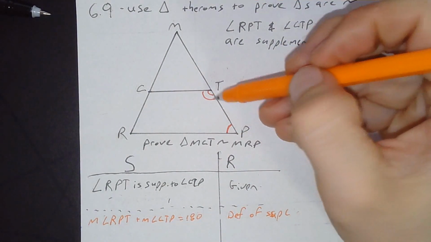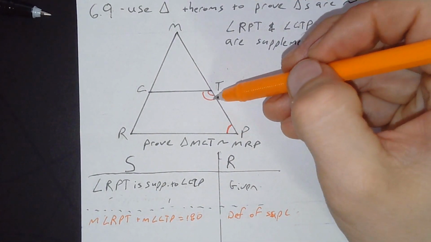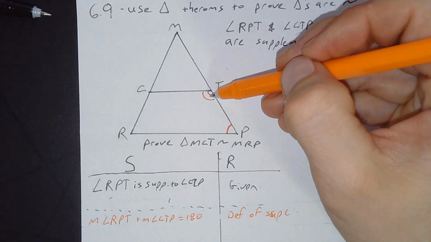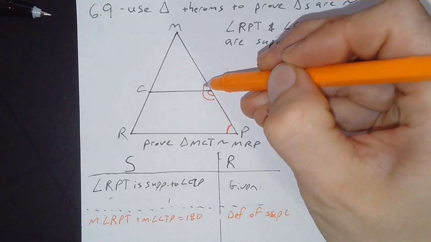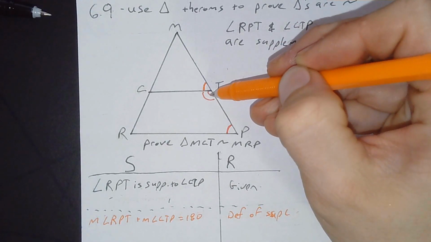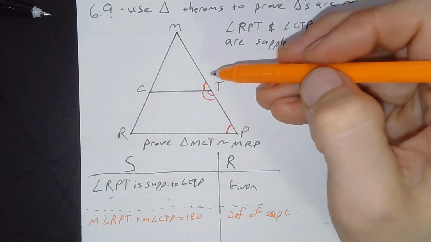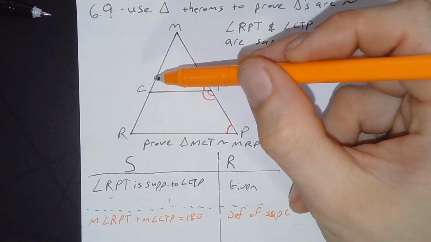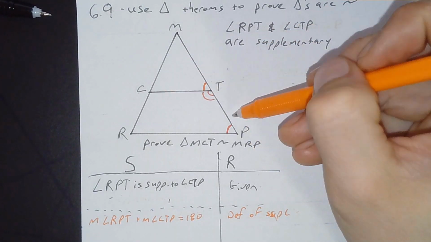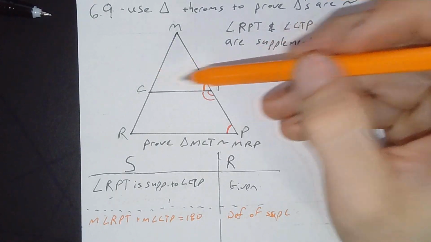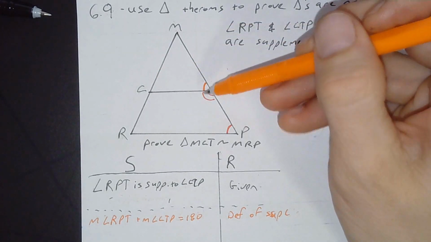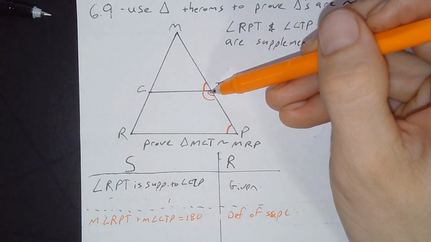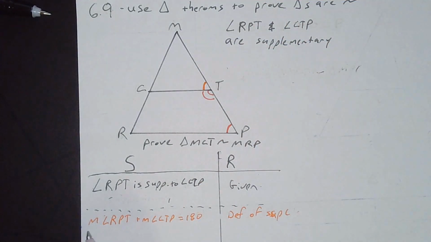So this plus this equals 180. Well, the measure of CTP plus the measure of CTM must equal 180, because that's a linear pair, right? So I'm starting to unravel some stuff.